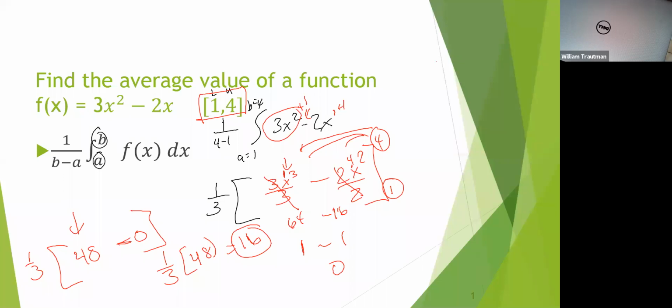There's no average value on our calculator, but let's integrate that function and see if we get the 48 like we're supposed to. We're going to integrate 3x squared minus 2x. So there's our function. Let's graph it.